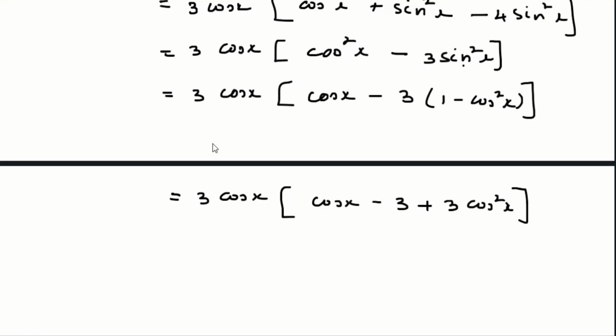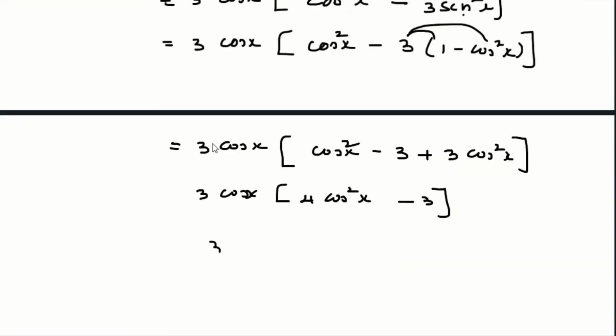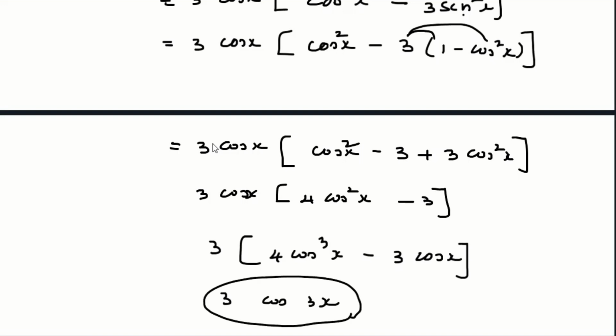I am just removing this bracket and multiplying it inside. So this becomes 3 cos x into 4 cos square x minus 3, pulling this cos x inside. So this is 4 cos cube x minus 3 cos x, which is 3 into cos 3x. I have arrived at the formula.